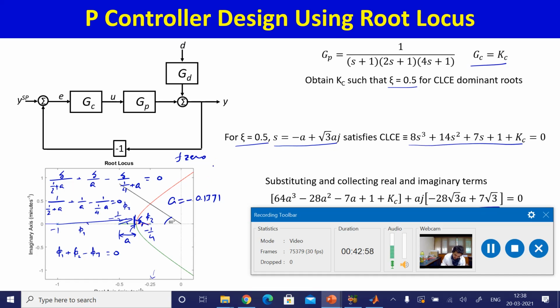So the breakpoint, for this case, is s equal to minus half plus 0.1371.